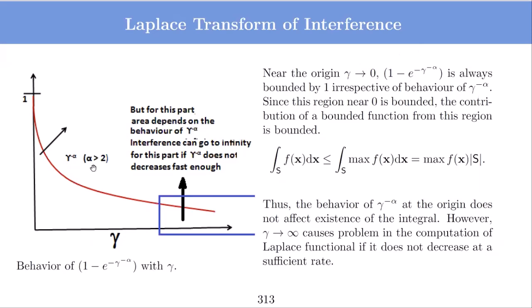You can notice that if alpha is more than 2, then this function will decrease to 0 with sufficient rate. And if alpha is less than 2, then this function will not converge. So although for both cases the mean interference was infinite, when we try to compute a Laplace transform, it is different. For alpha greater than 2, the integration will be defined, while for alpha less than 2, this integration will become infinity, so the Laplace transform will not be defined.